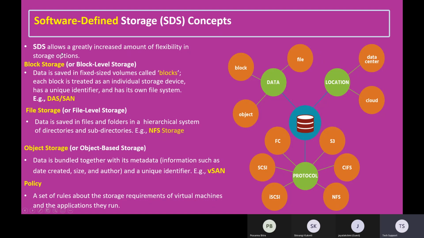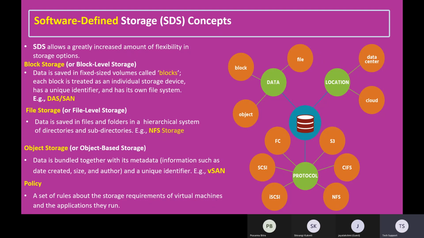Quickly we can verify the definitions. SDS allows a greatly increased amount of flexibility in storage options. There are multiple storage options, and the first one is block storage, which we can also call block level storage. Data is saved in fixed sized volumes called blocks. A fixed size volume is nothing but a LUN. You can configure the LUN for 1 TB or 2 TB, depending on our customer requirement.